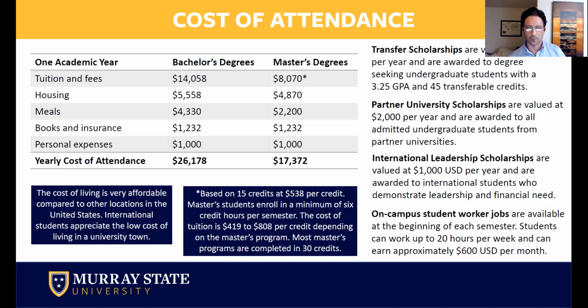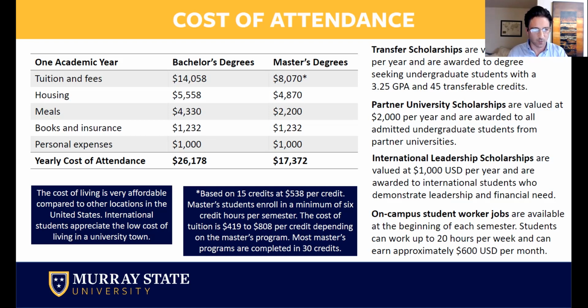Another thing that will help students with their budget is the on-campus jobs that we offer. We're a large university. We have a cafeteria, a library, a fitness center, many different facilities here on campus. And what's good about that is students can work on campus. Students can work in those places.